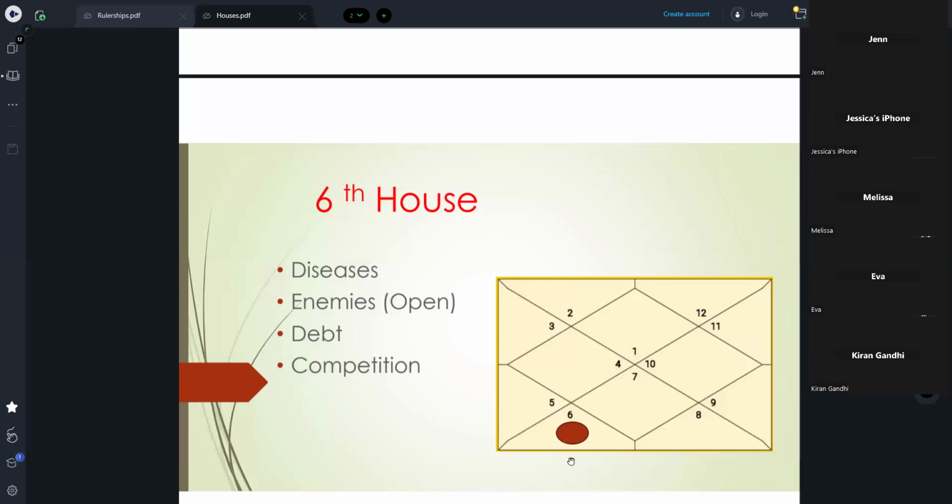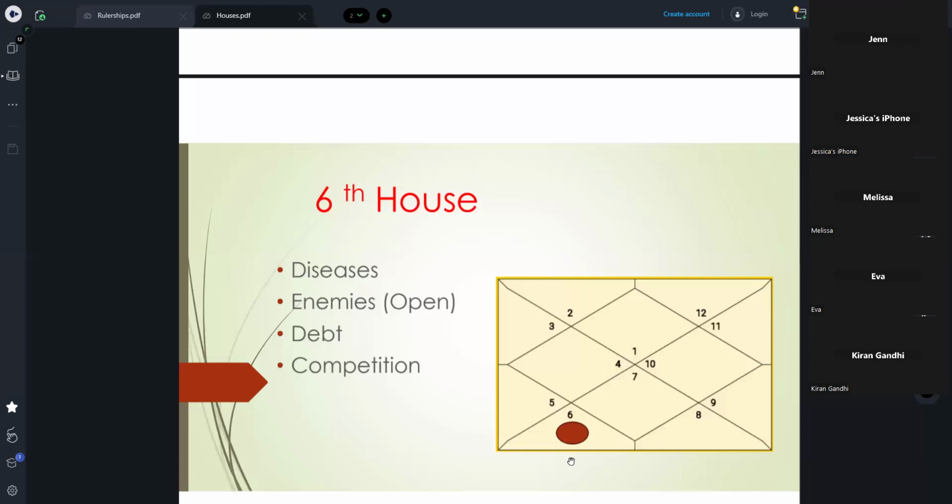There is a sequence of progressions that every chart is going to follow. It's the same sequence; depending on when you were born, it just tells you where in that sequence your starting point lies. That is the dynamic aspect of astrology.